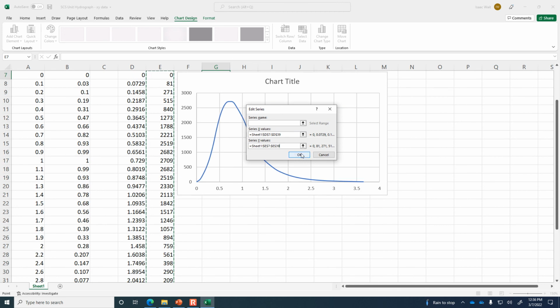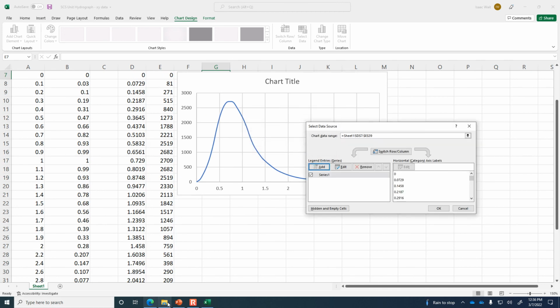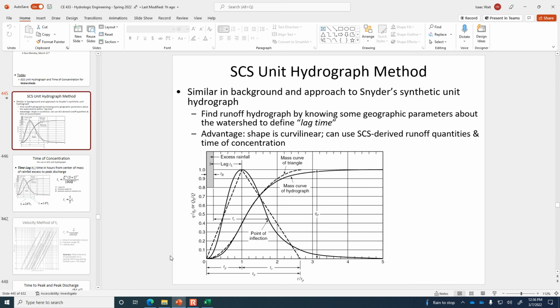And that shape does look so far pretty close to what we have in this figure. The shape of it, it's taking a long time to drain. Up to 5 times the time to peak is what we're keeping track of it.